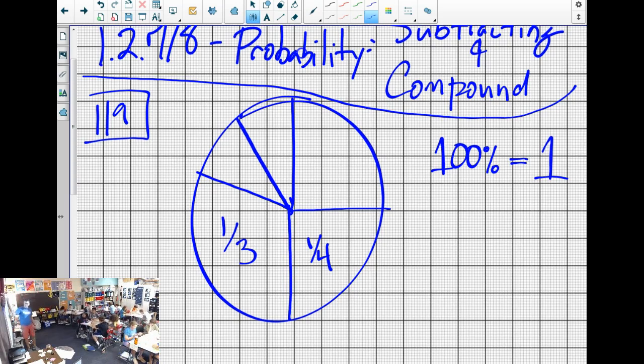A fourth, right? It's a fourth of our spinner. We can trust the sizing. Now, there's 2 easy ways to do this, and one is really easy. How much probability do we have over here? A half.